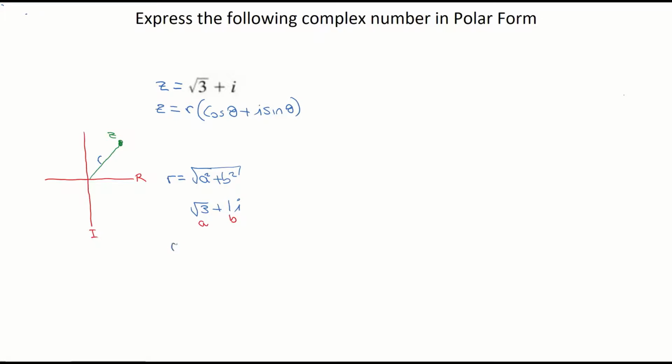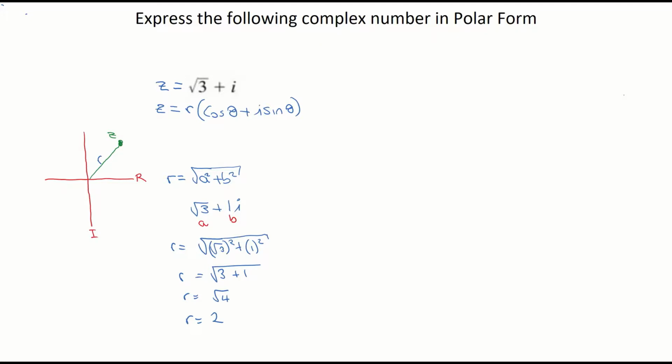And I sub them into my formula. So r is equal to the square root of root 3 all squared plus b, which is 1, all squared. Root 3 multiplied by root 3 is 3, and 1 by 1 is 1. So r is going to equal the square root of 4, which is 2. So the length of that line from the origin out to z is 2 units.